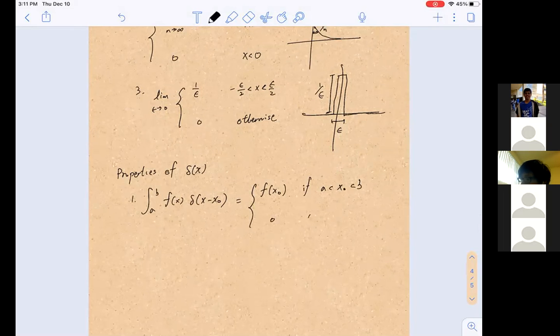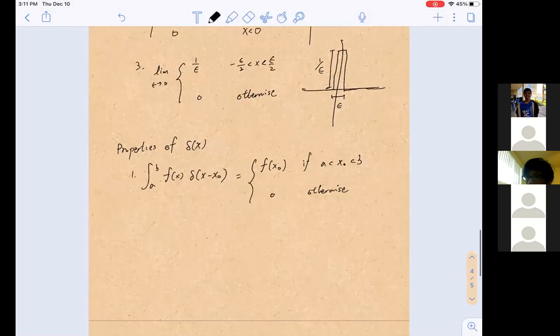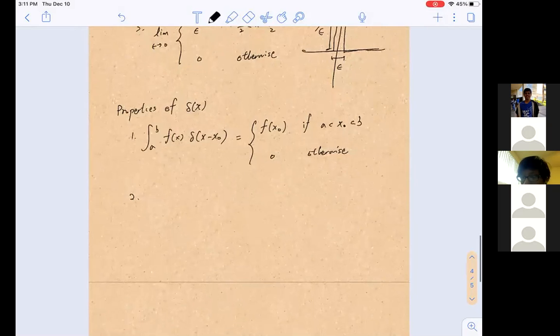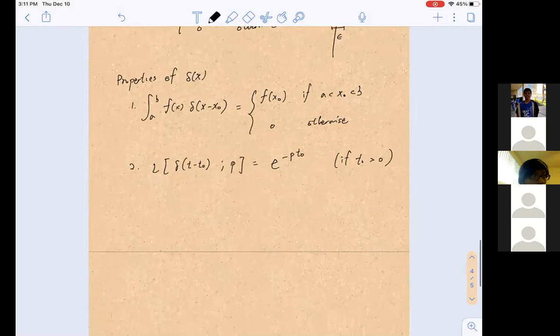Otherwise, it's 0. And then what are some other properties? The Laplace transform, since we talked about Laplace transform, is e to the negative t0. This is true if t0 is greater than 0.